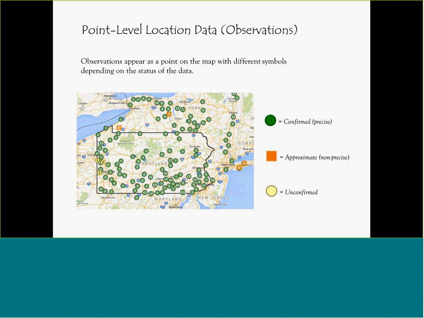Okay. And the last symbol that you'll see is that yellow circle. This is an observation that has been submitted and is waiting on the administrator, myself or colleagues, to take a look and make sure that the species identity is correct based on photographs that were provided, and that it was mapped correctly.